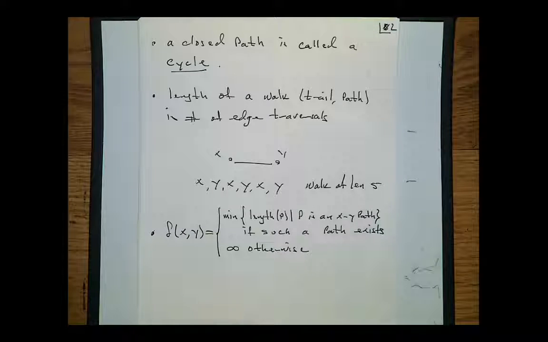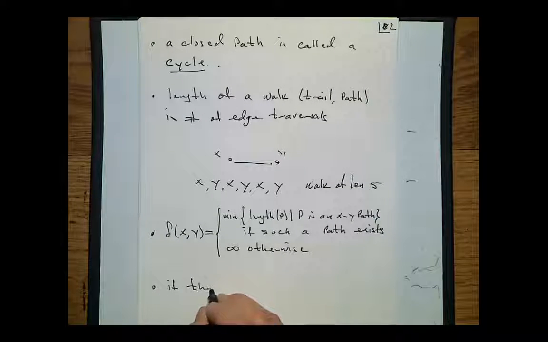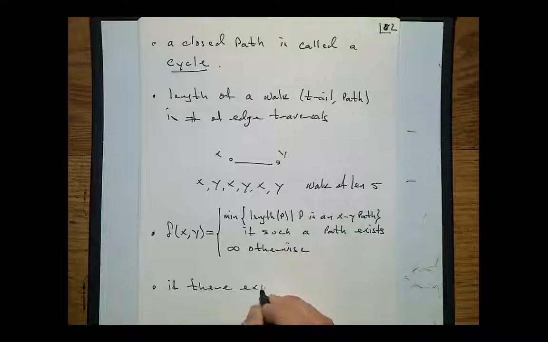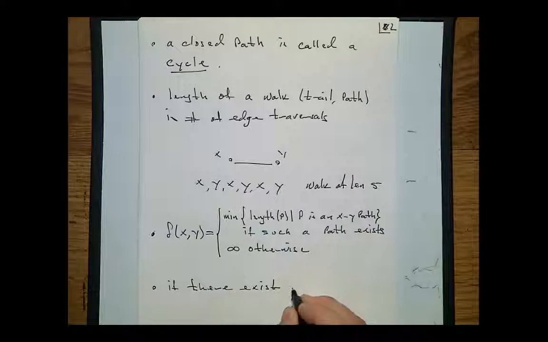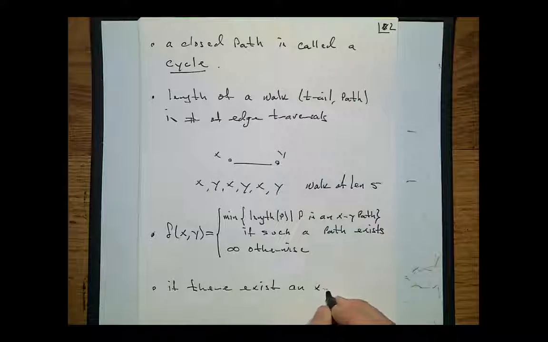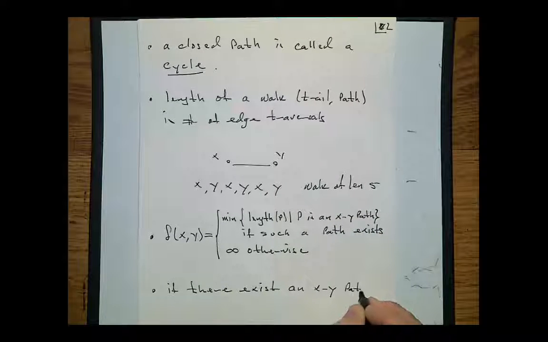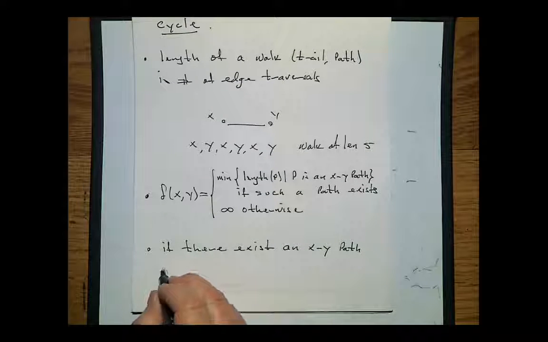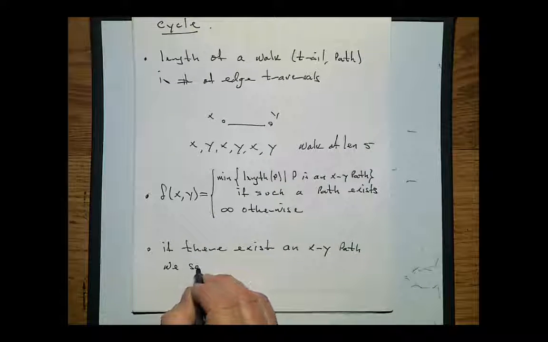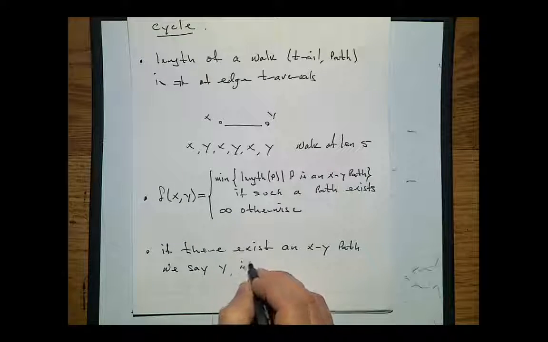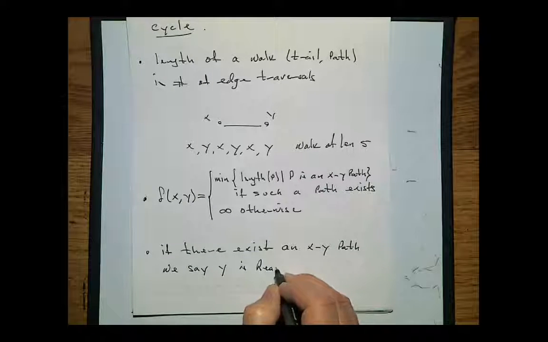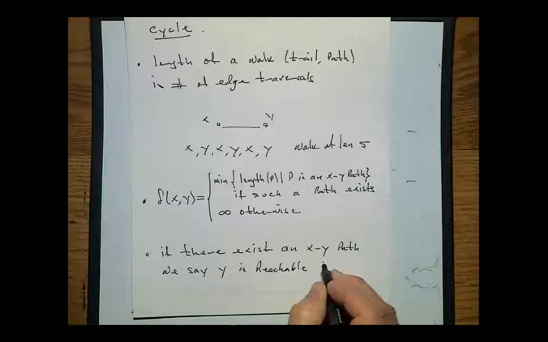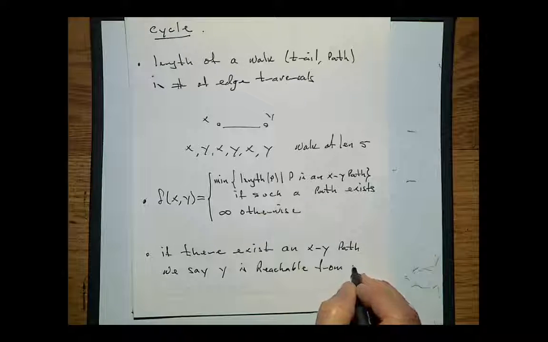By the way, I have a name for this. If there exists an xy path, or trail or walk, we say y is reachable from x.